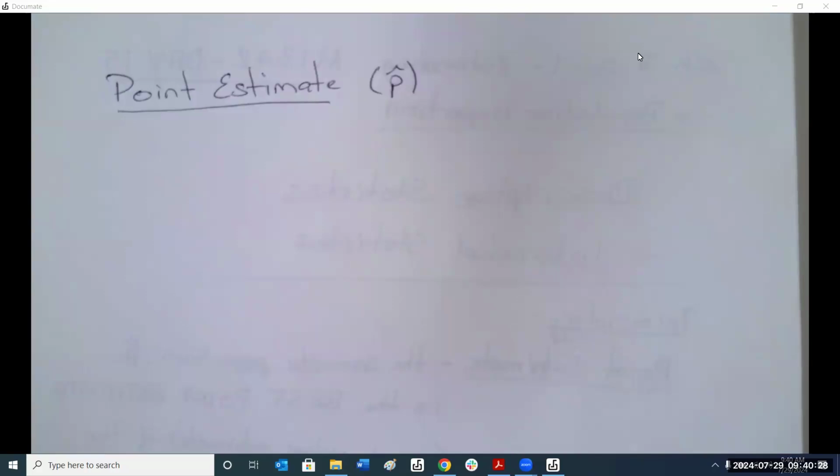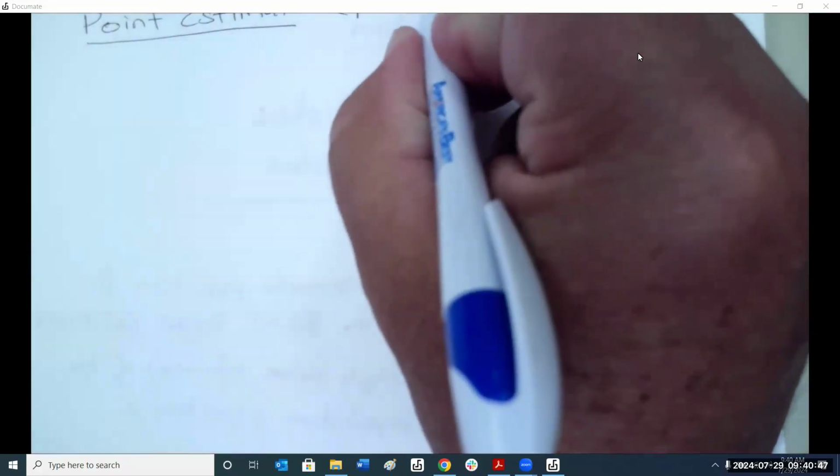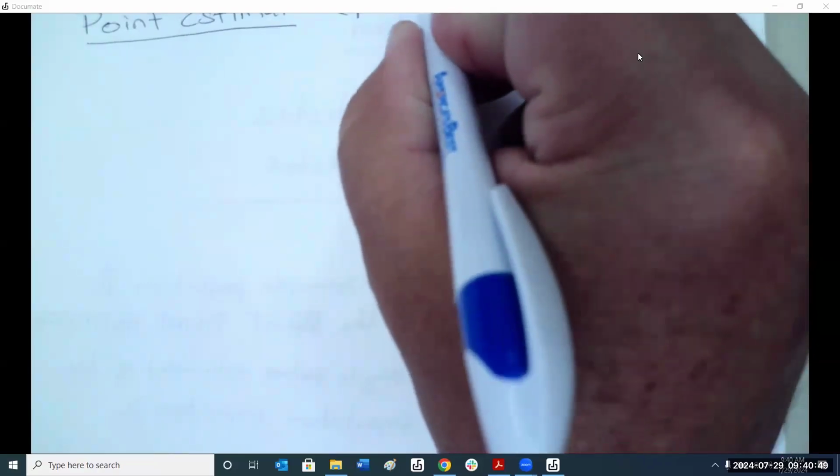So we're going to have p hat. Won't do that just yet. We've already discussed the definition enough. We know the formula. It's x over n.